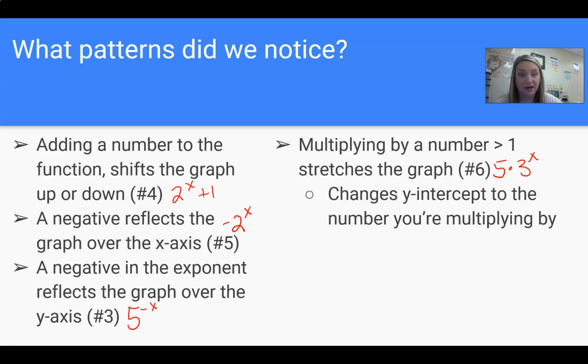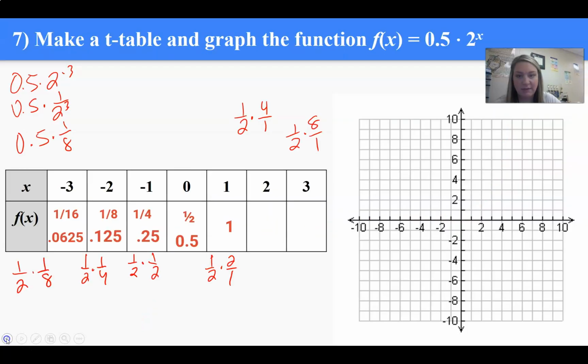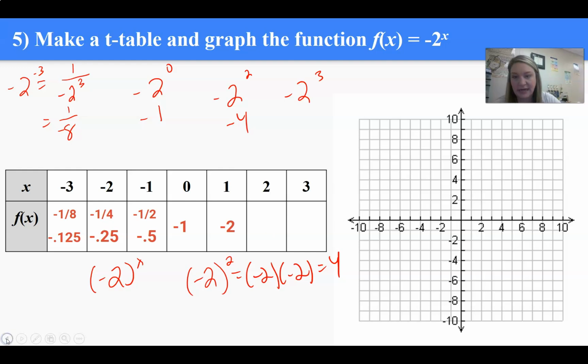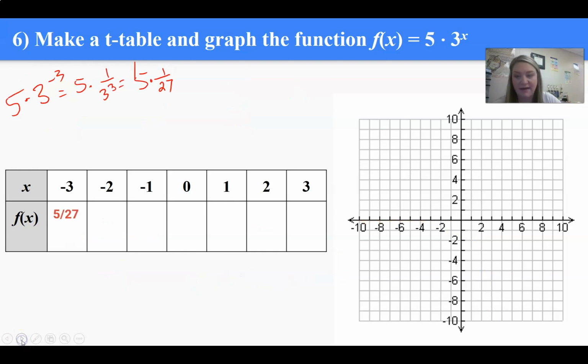So if you go back to graph number 5, let me show you. Well, that's not number 5, is it? Number 6, I'm sorry. Where we multiplied by 5, there we go.